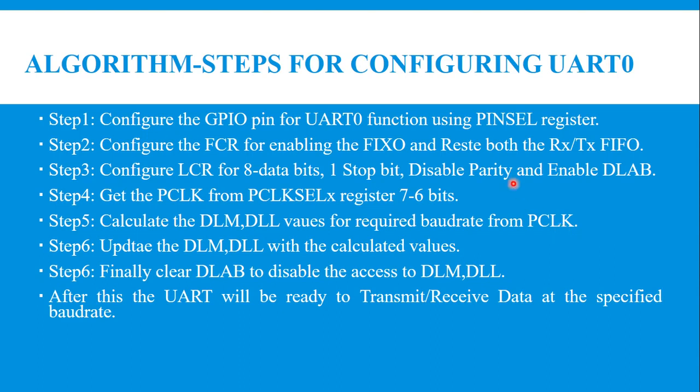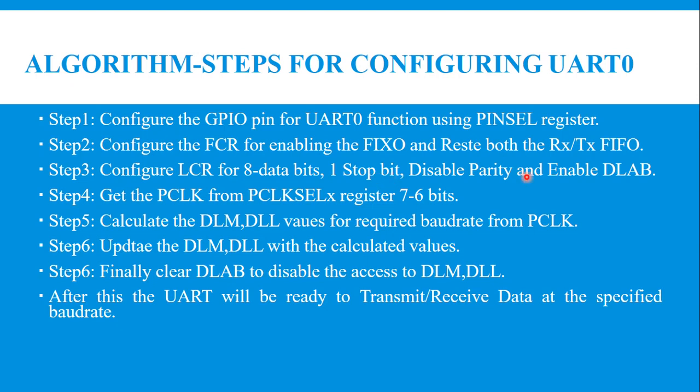The next step is to configure the FCR, the FIFO control register, for enabling the FIFO and resetting both the RX and TX FIFO. Then configure the LCR, the line control register, for 8-bit data, 1 stop bit, disable the parity, and enable the divisor latch.